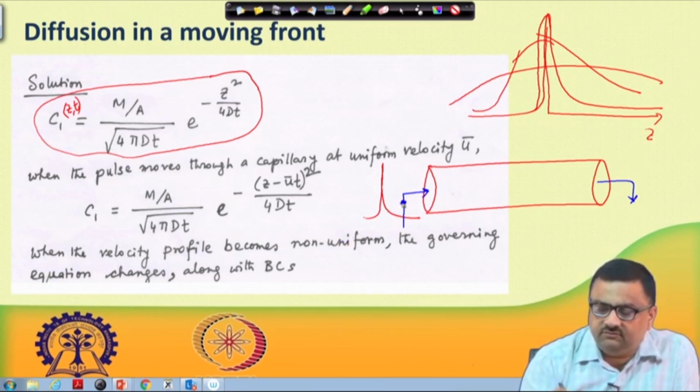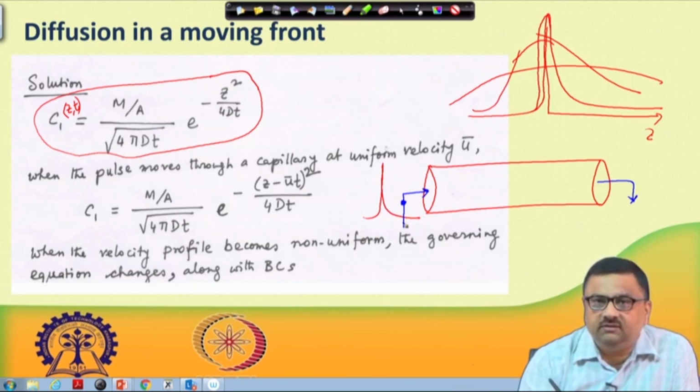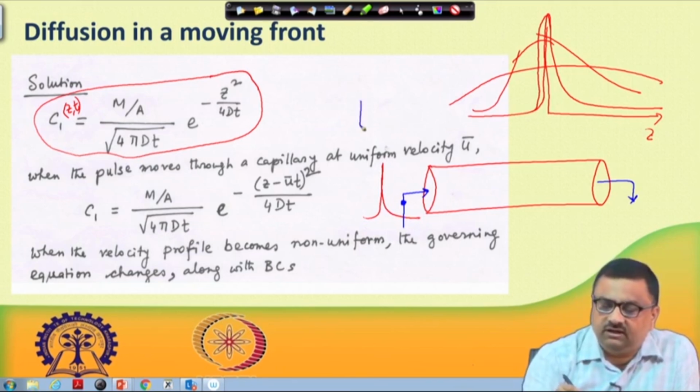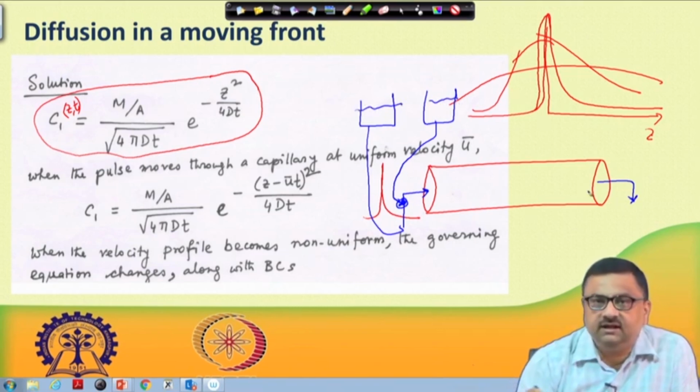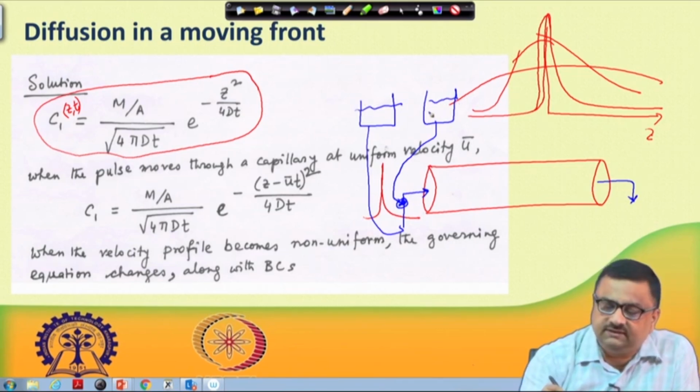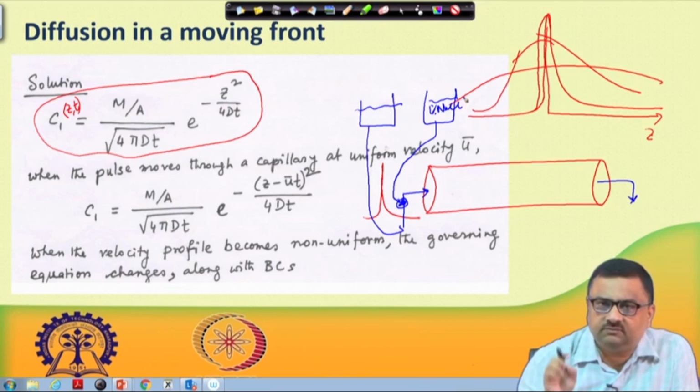There are two ways we can do this introduction. One is a pulse like this, or we can have two different containers. One container has the simple water that is being injected, and another container contains the salt. Here we have a valve. Suppose this is the salt and this is the water. Water is continuously being injected, and this is, let us say, 1% NaCl solution, a small amount of salt.